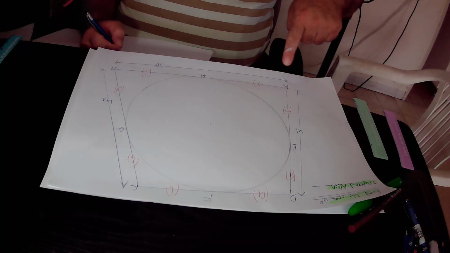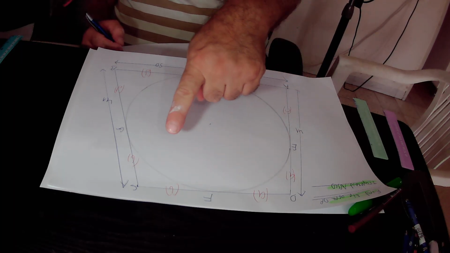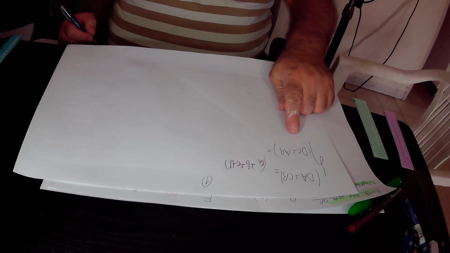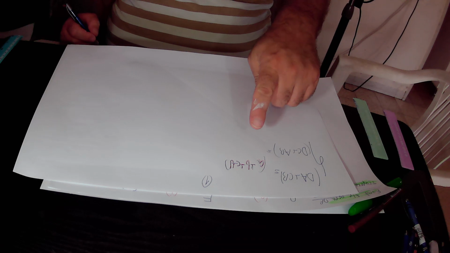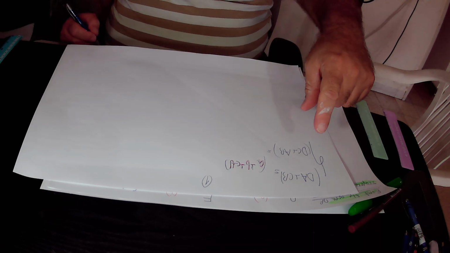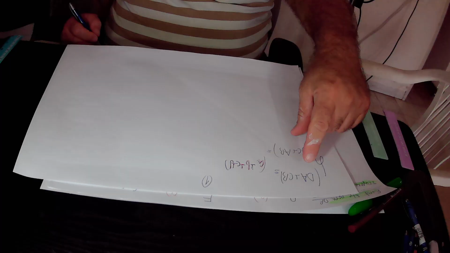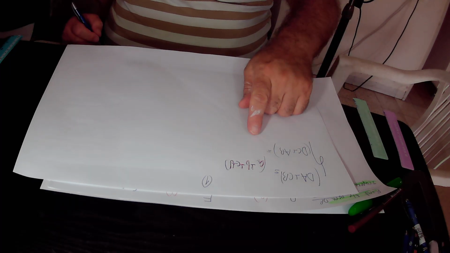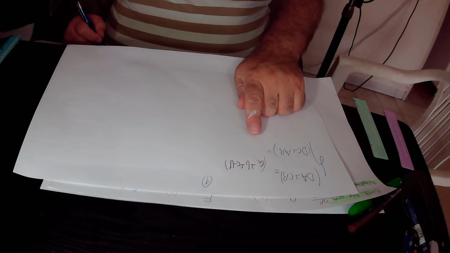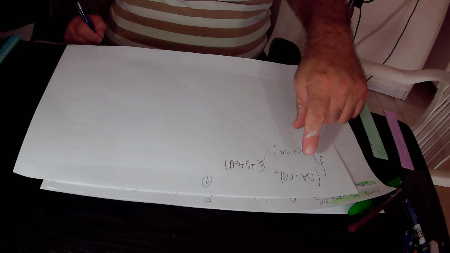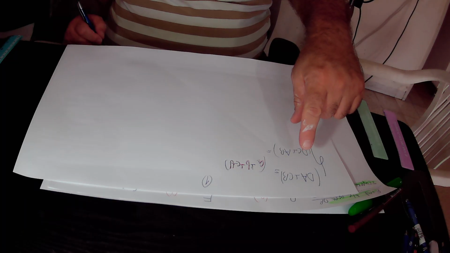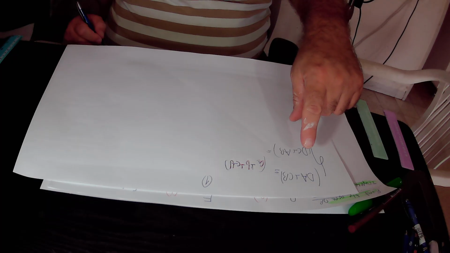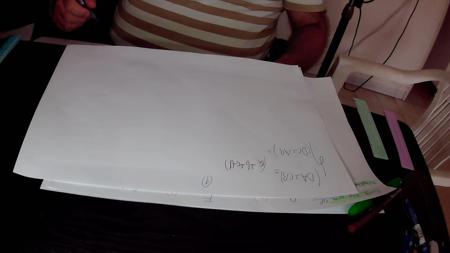DC plus AB in total equals A plus B plus C plus D. So if you found out that DC plus AB also equals A plus B plus C plus D, because those two expressions are both equal to A plus B plus C plus D, it means that they are equal to each other.